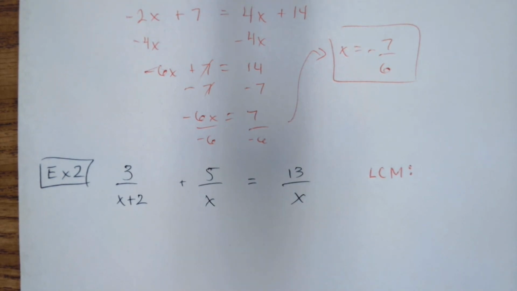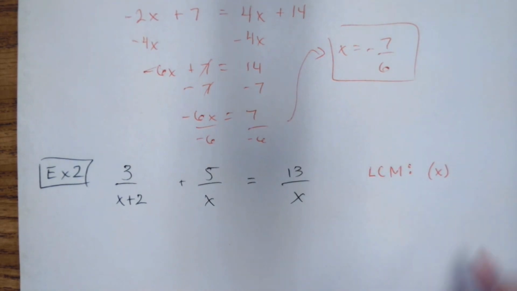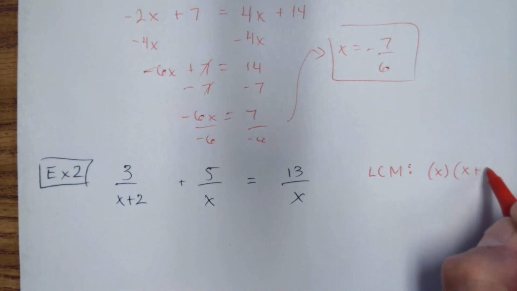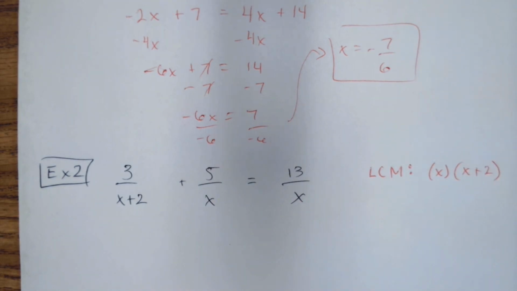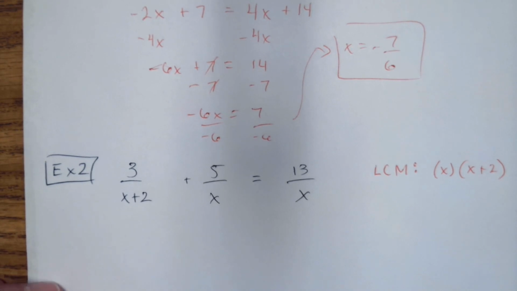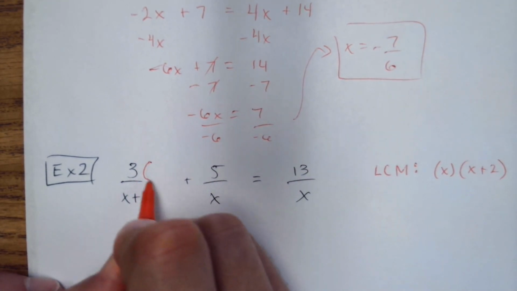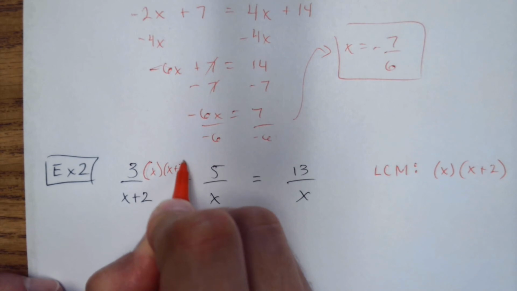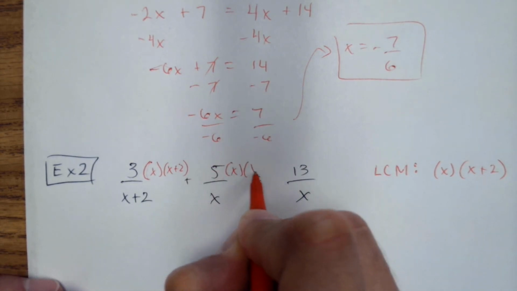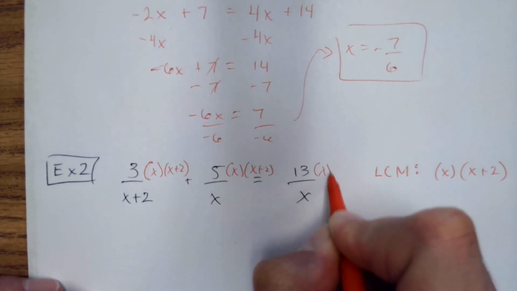We have an x, we have an x plus 2, and just like before, we're going to write that next to each piece here, each term here. So x, x plus 2, x, x plus 2, x, and x plus 2.